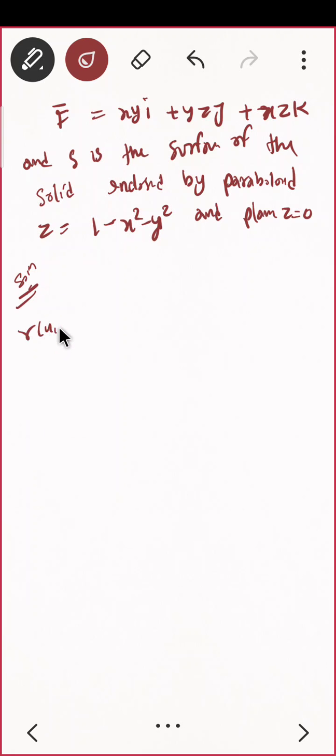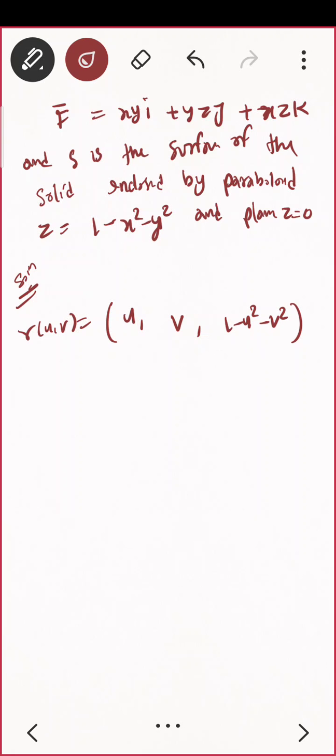It is r of uv. I think I have already told you, if your function is z equal to f of xy, something like that, then the trivial parameterization is to put the first coordinate as u, the second coordinate as v, and the third coordinate will be this one, 1 minus u square minus v square, correct?